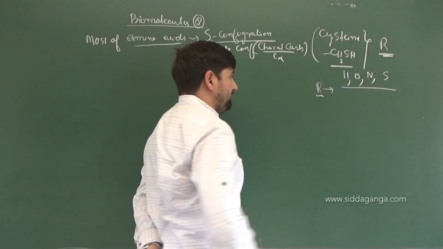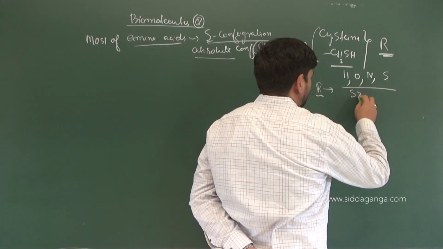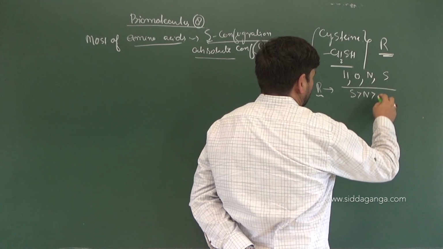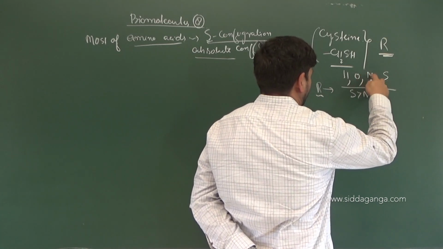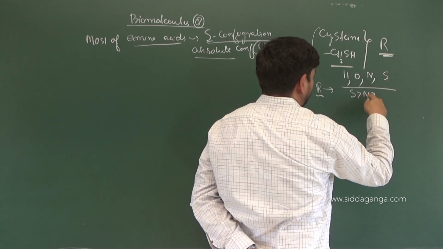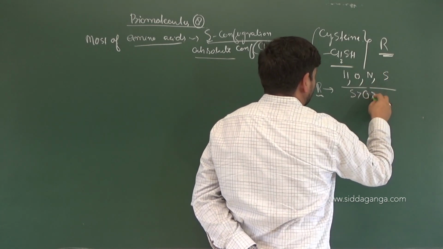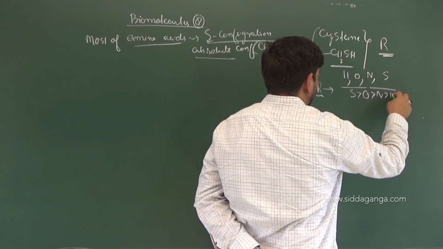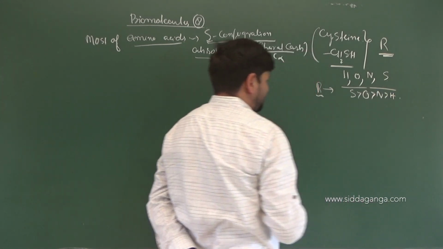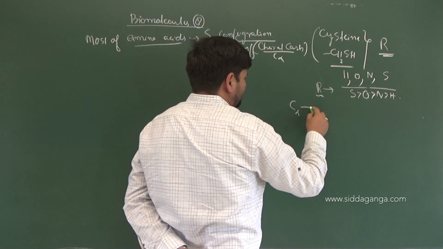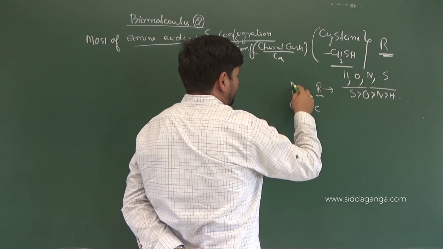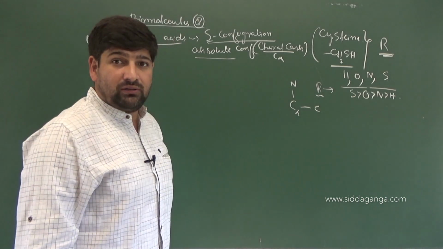So naturally we have that S has more priority than O, which has more priority than N, which has more priority than H. But in amino acids, when you find out the links on alpha carbon, it is via carbon or it is via nitrogen, right?